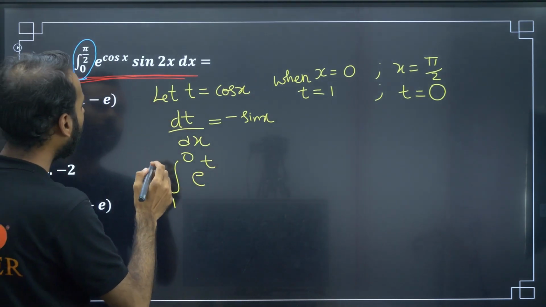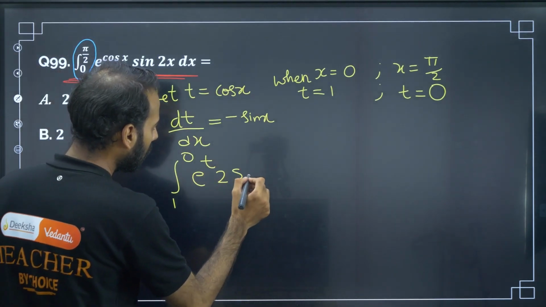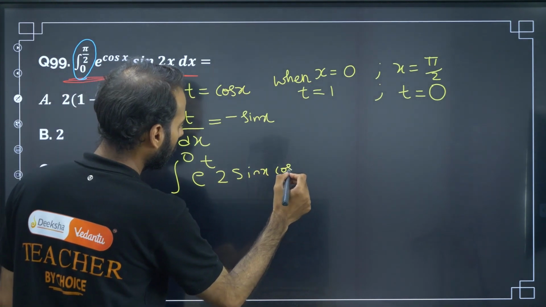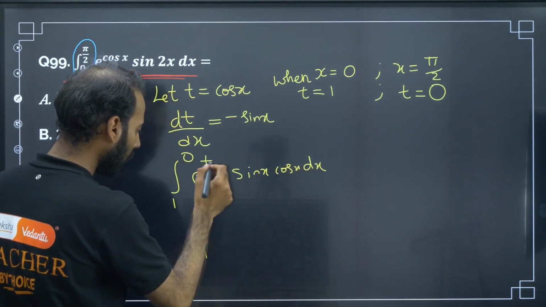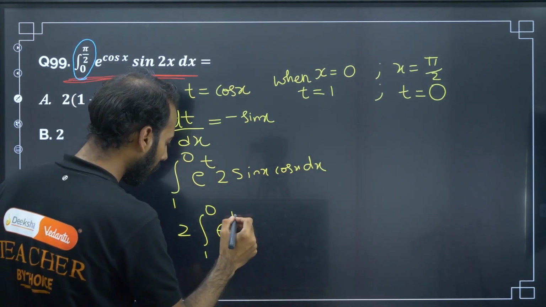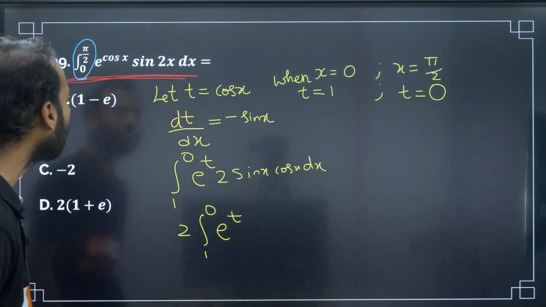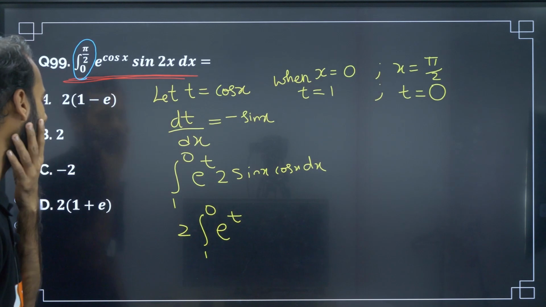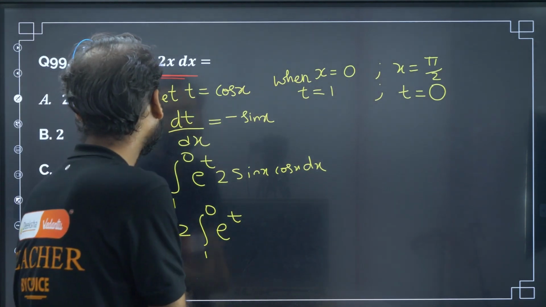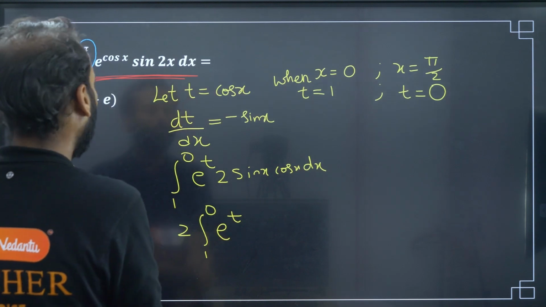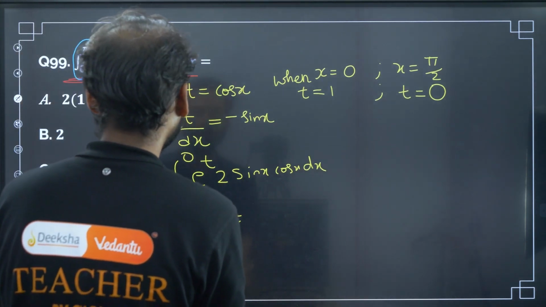sin 2x can be written as 2 sin x cos x dx. Next, from 1 to 0, if I place 2 outside, e raised to t, cos x dx. What is cos x dx? We don't know.